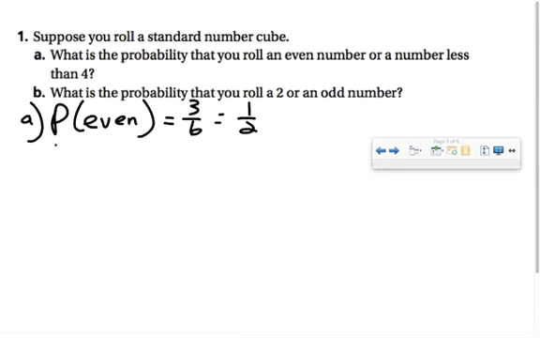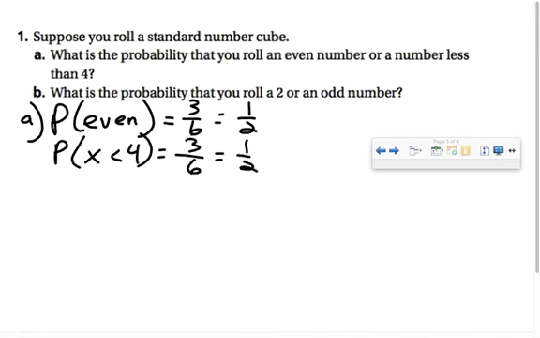Number less than 4, so the probability of, I'm going to just abbreviate it as x is less than 4, and that is 3, 2, 1, so that's also 3 over 6.